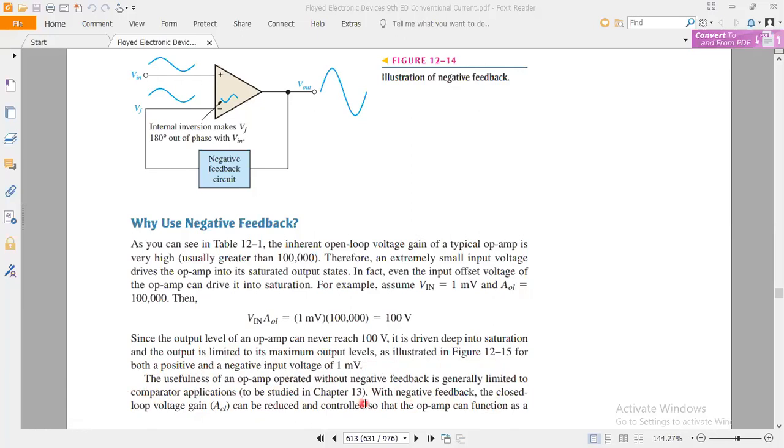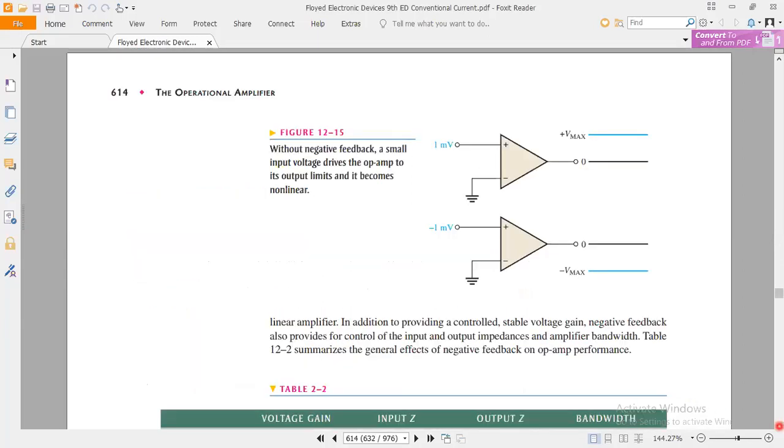With negative feedback, the closed loop voltage gain, ACL, can be reduced and controlled so that the op-amp can function as a linear amplifier.